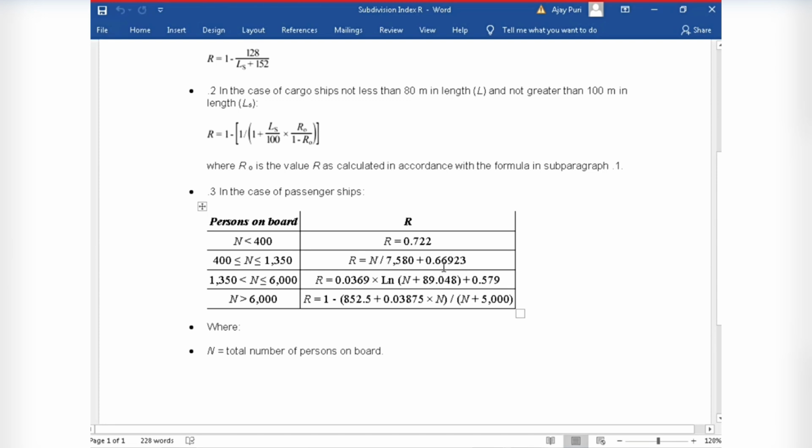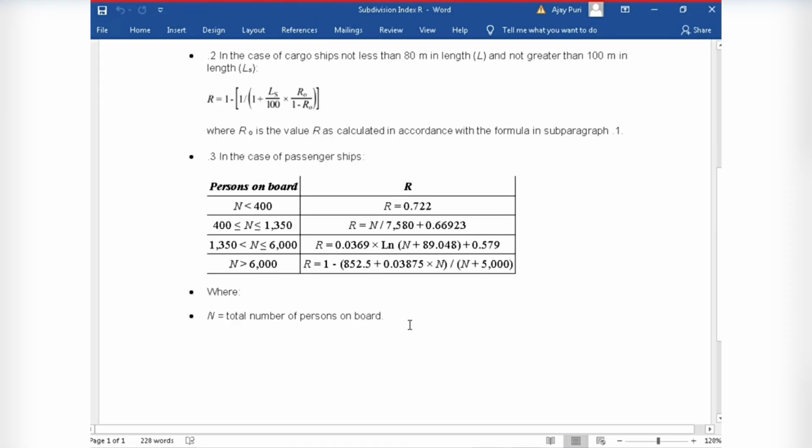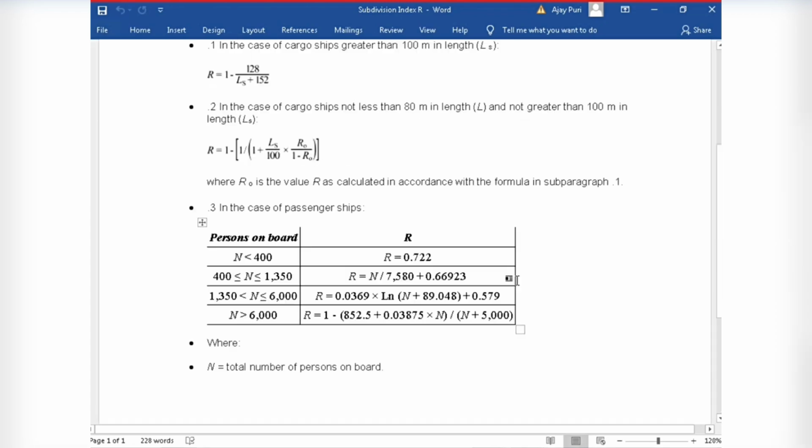If it is between 1350 and 6000, R is equal to 0.0369 into ln N plus 0.089048. Where N is the total number of passengers on board. Otherwise R is equal to 1 minus 852.5 plus N divided by N plus 5000. This is index R.